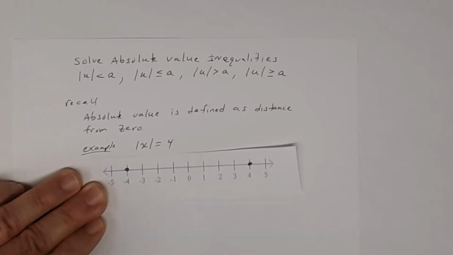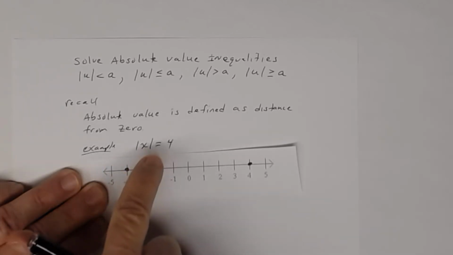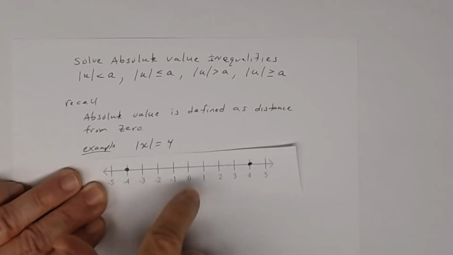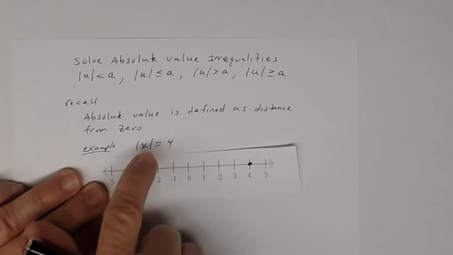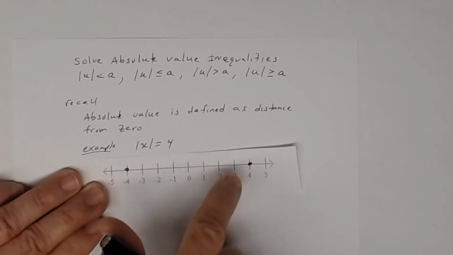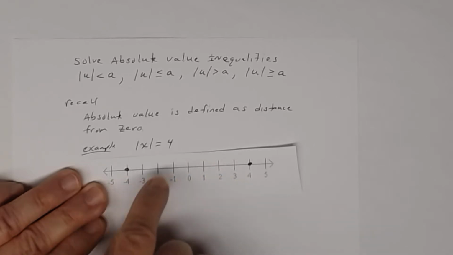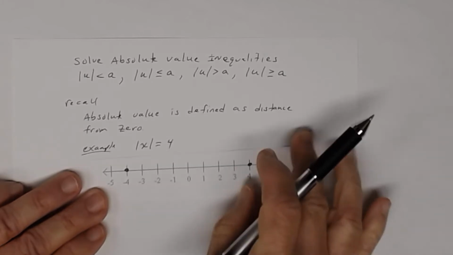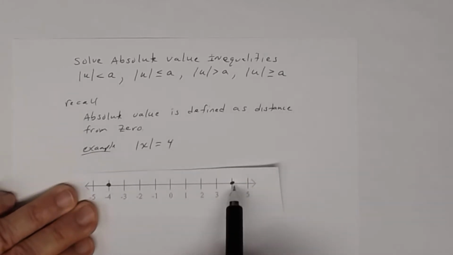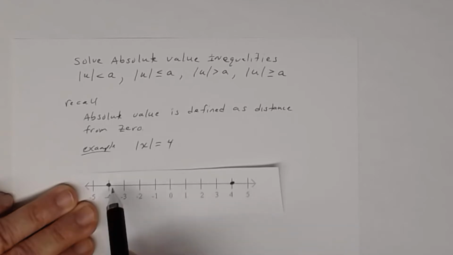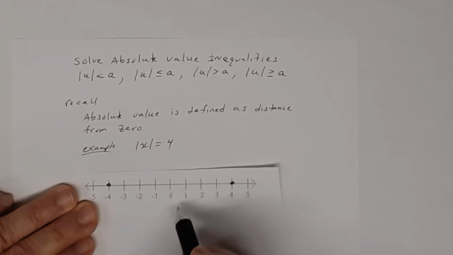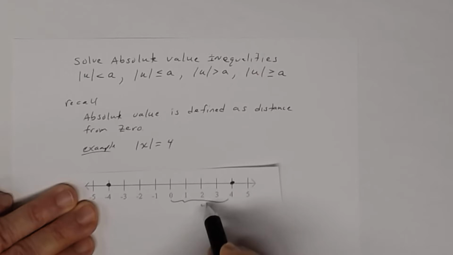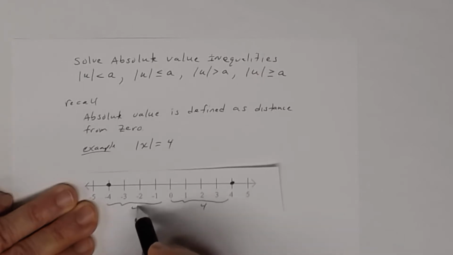And so in previous lessons, when you solved absolute value equations, that was the idea. So you had a finite number of solutions. Remember that? So in almost all the examples we've done, we ended up with two solutions. So in this example, our solutions would be these two numbers, 4 and negative 4, because 4 and negative 4 are 4 units from 0.